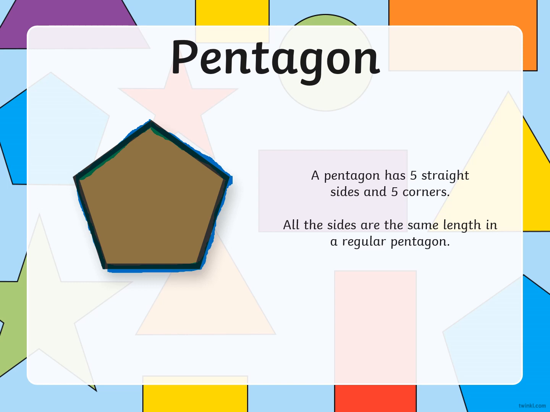Alright guys, another challenge for you now. Okay. A hexagon. Do you know what properties a hexagon has? Do you know what it looks like? If you do, if you want to have a challenge, pause the video, have a chat.